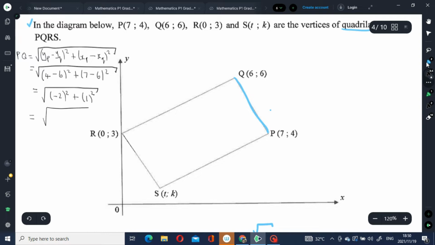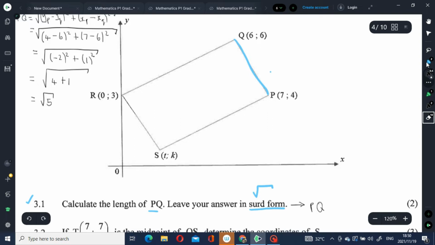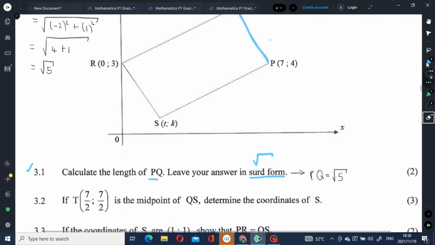So the answer is square root of 4 plus 1, which equals square root of 5. So that there is the distance of PQ. So this implies that distance PQ in surd form is the square root of 5. Right, there's your 2 marks.